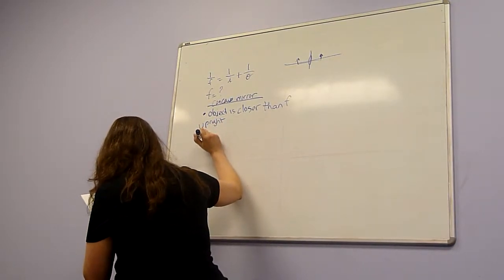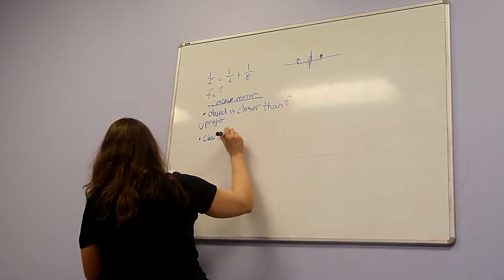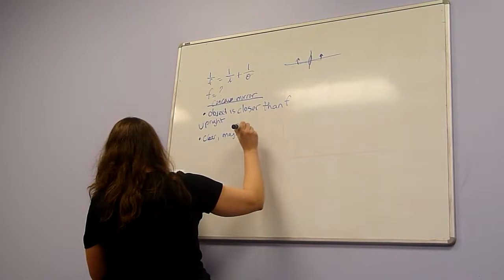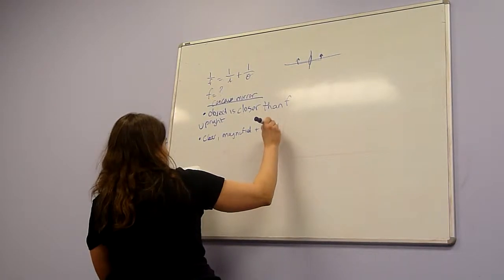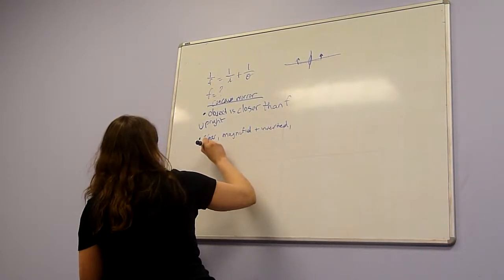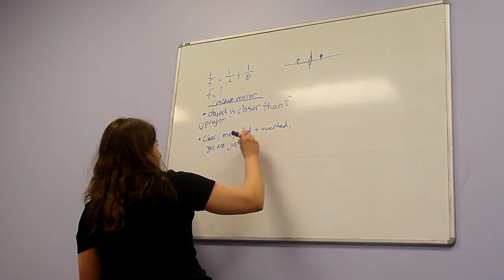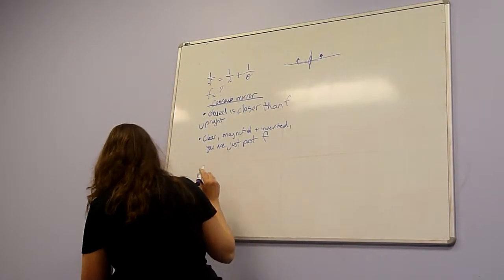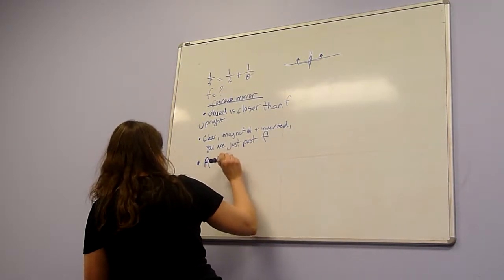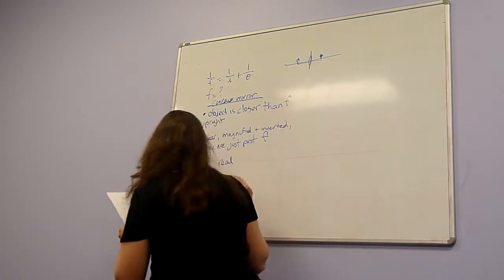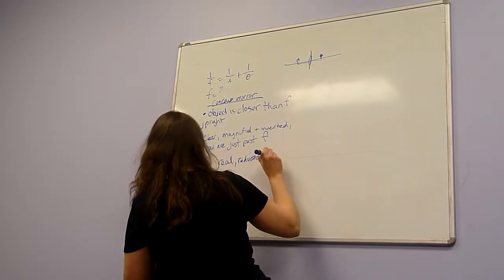If it is clear, magnified, inverted, you are just past the focal length. When you pass the radius of curvature, you get a real image. So we should be able to create a real image if that can in fact happen. It should be reduced and inverted.